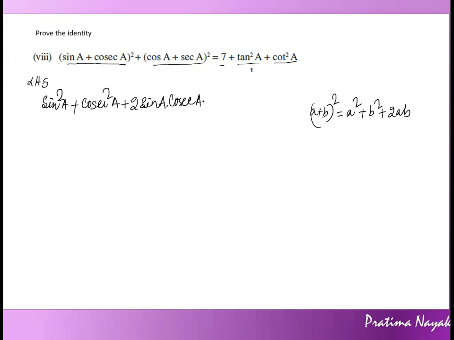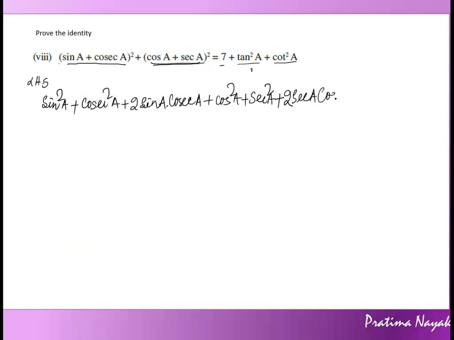Next coming to the second one, I am expanding this now. Cos square A plus sec square A plus 2 into sec A into cos A. I hope you don't have problem in this.